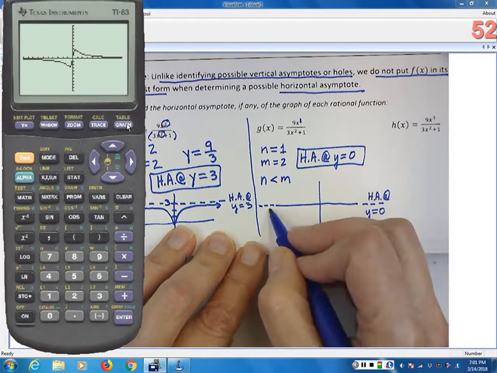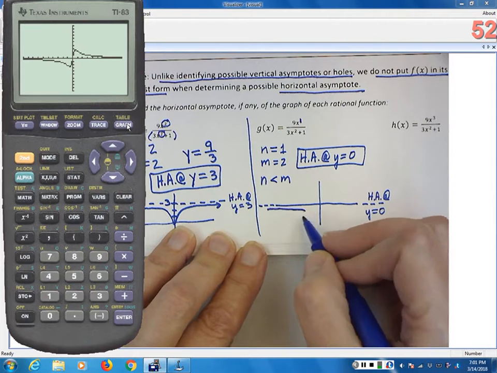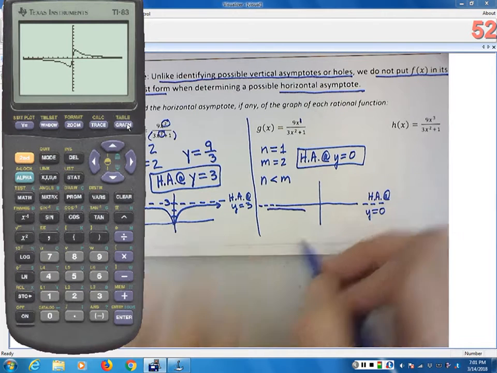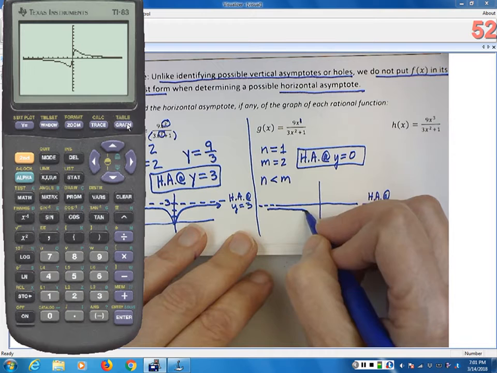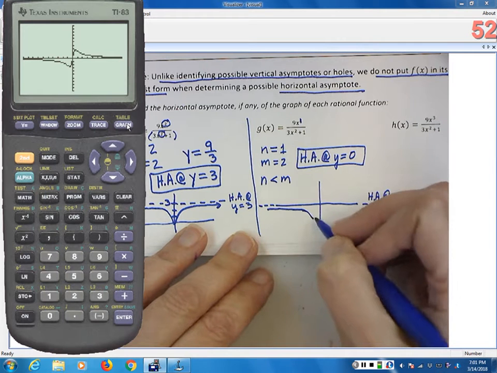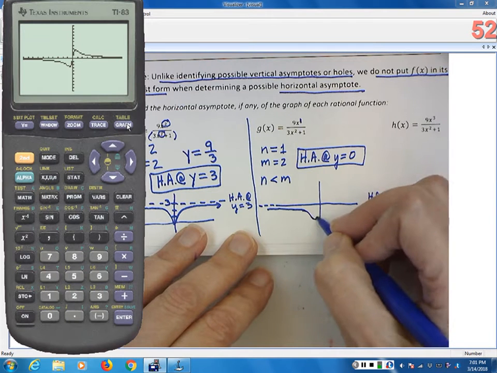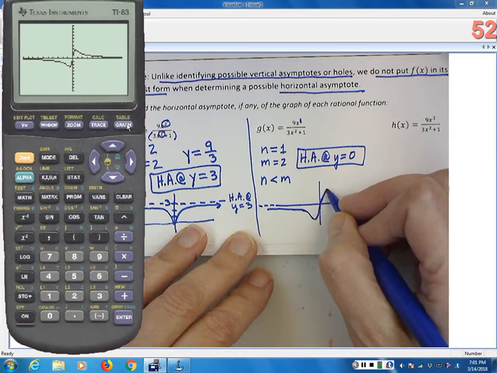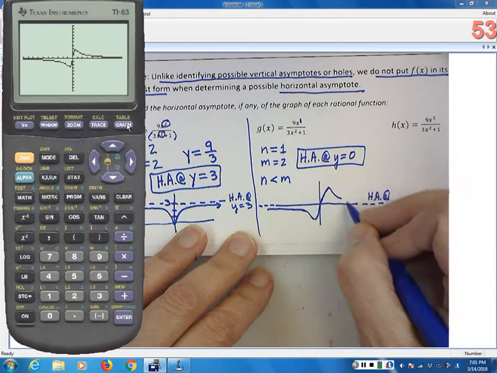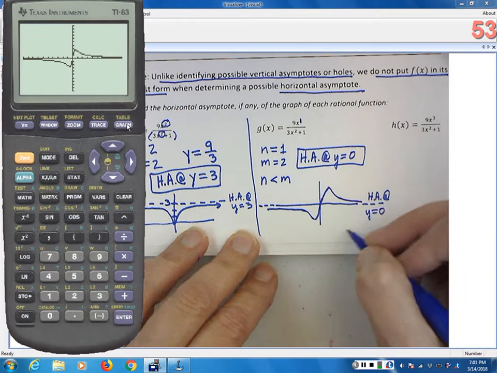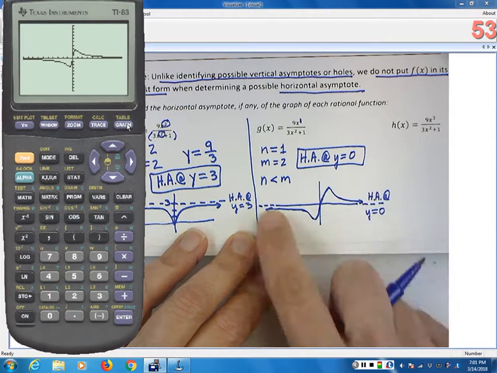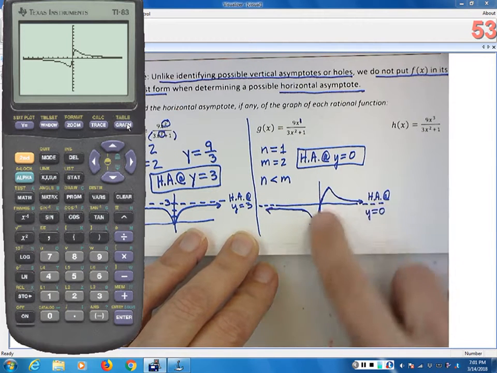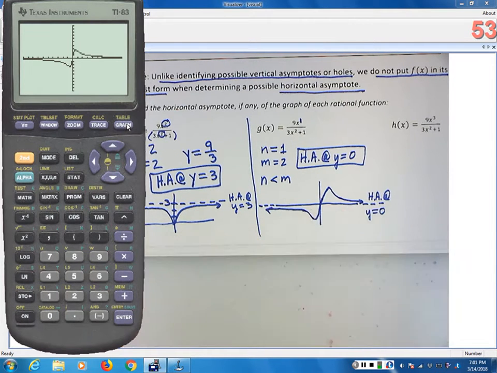Looks like it's going like this. Is that negative? I don't know. We're just drawing a sketch. Go something like this. And it keeps going. But out here it doesn't cross the horizontal asymptote, but here at the origin it did. It crossed it right there.